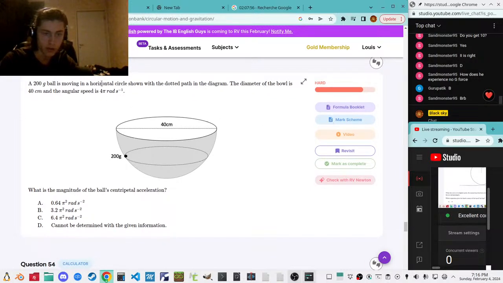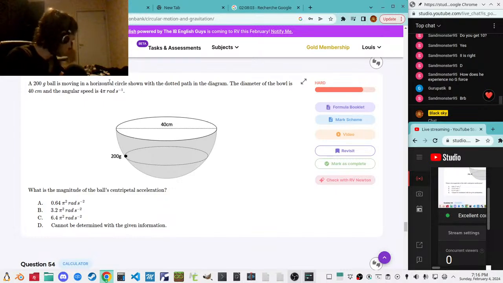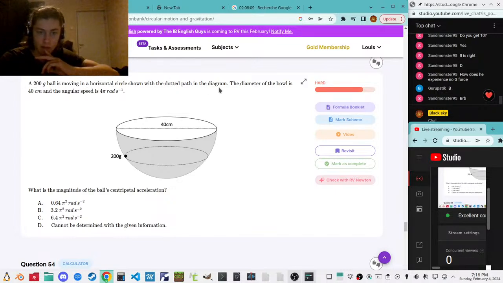A ball is moving inside a horizontal circle, shown with the dotted path in the diagram. The diameter of the ball is 40 centimeters. The angular speed is 4 pi rad per second. What is the magnitude of the ball's centripetal acceleration?